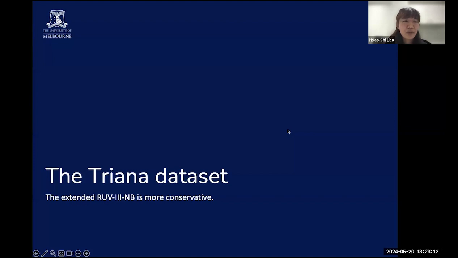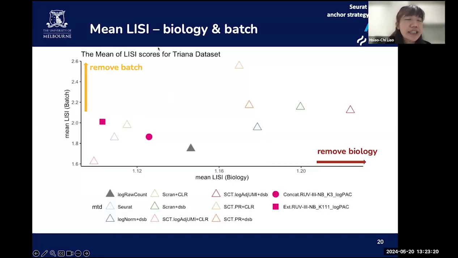Another example is the Triana dataset. This is where extended IUV3MB is more conservative. Again, looking at the Lise score, this is where we can see the difference between the concatenated IUV3MB and the extended IUV3MB.